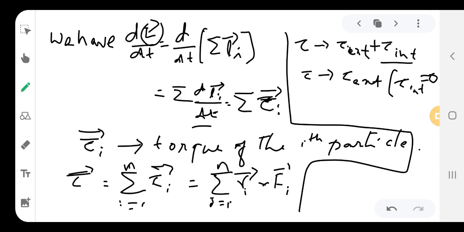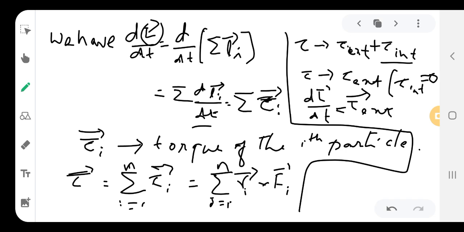Thus the total torque tau i equals tau external, hence dL by dt is equal to tau external. So this is the torque and angular momentum for a system of particles.